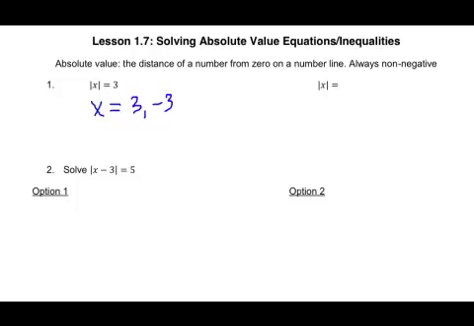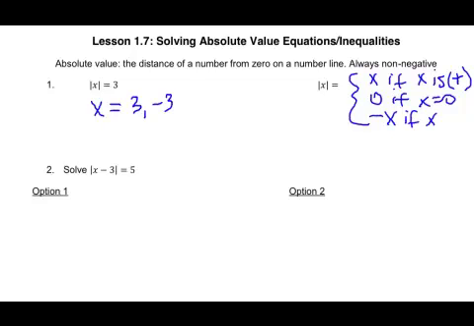If we have the absolute value of x, we could have x if x is positive, 0 if x equals 0, and negative x if x is negative. So again, there are multiple different solutions inside the absolute value.